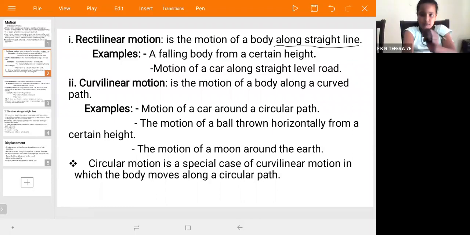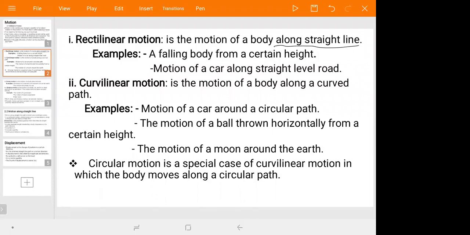Okay. So, in our discussion above, you must know what motion means again. What is at rest? When we say a body is at rest, you must know what a reference frame is.